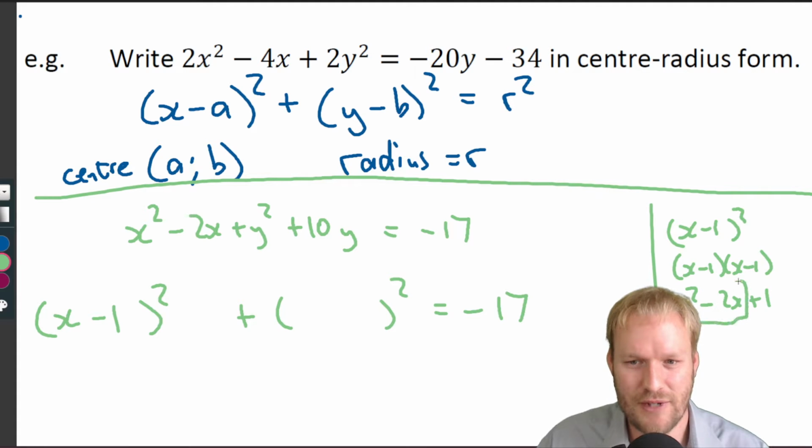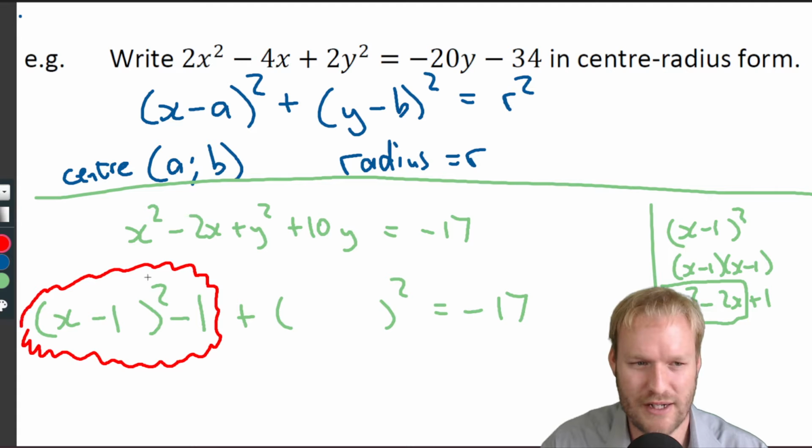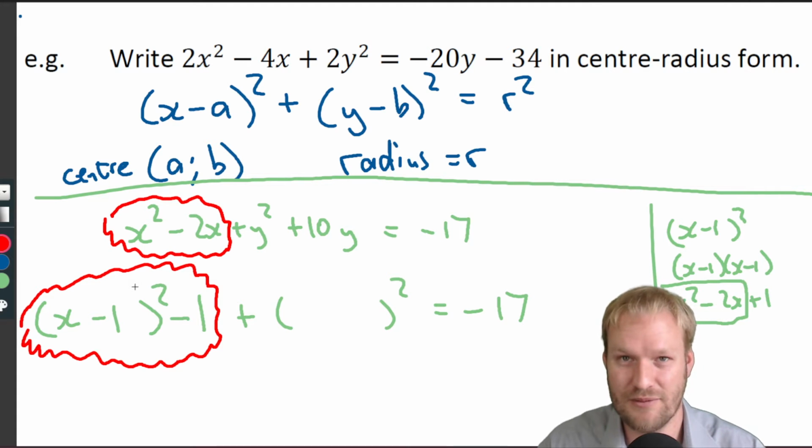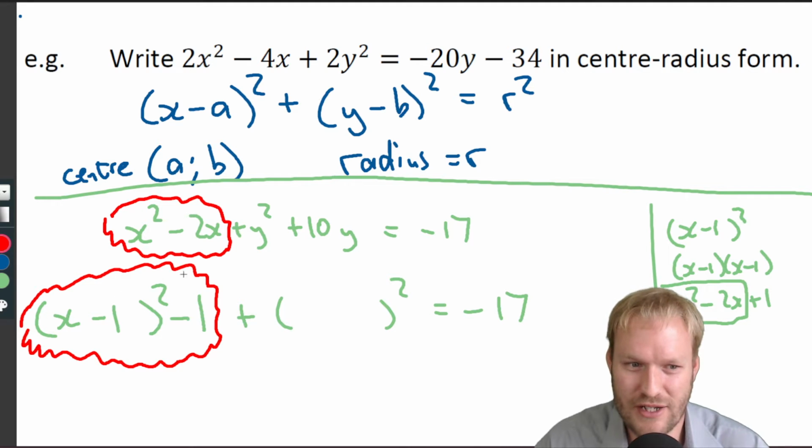See how that minus 2x is what we had? We've got negative 2 and just divided it by 2 to get negative 1. But 1 squared gives us 1, so we need to subtract 1. Pause for a second as you need and check algebraically that that is the same as that. It should be. As you multiply it out, we haven't changed anything. Those two things must be equal to each other.